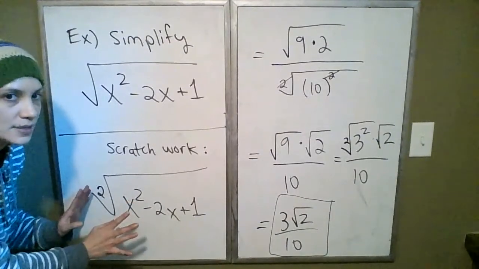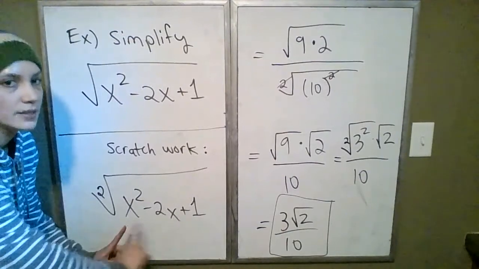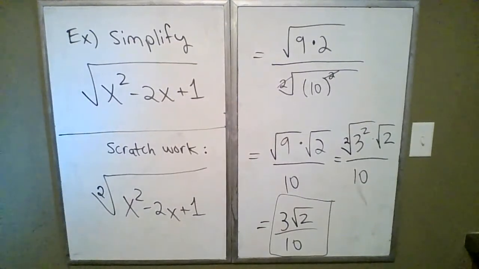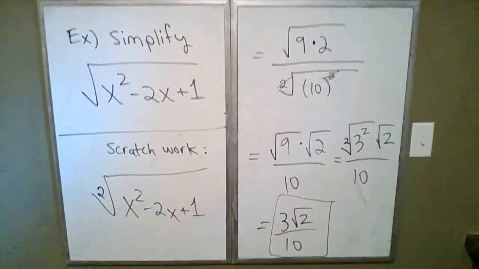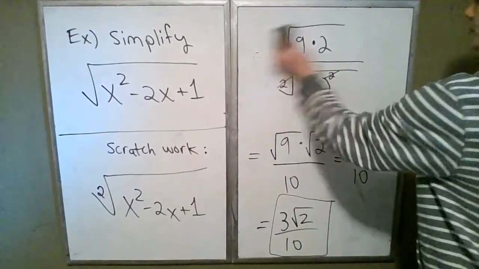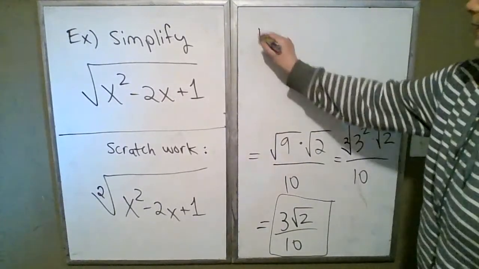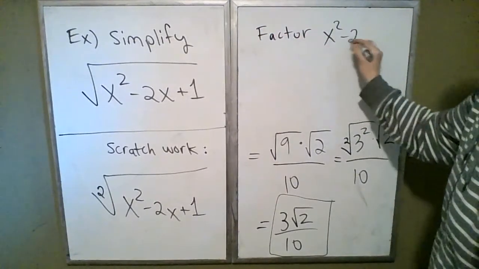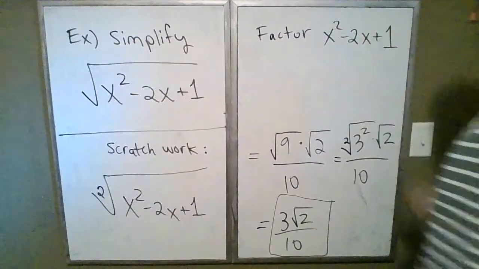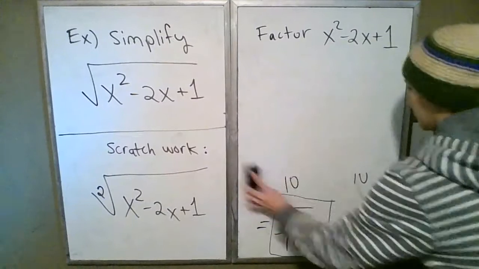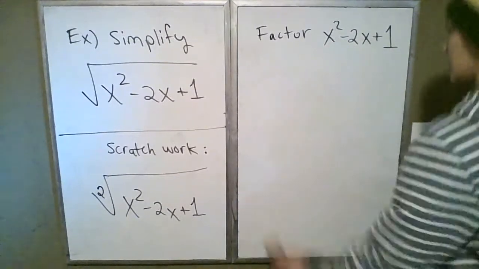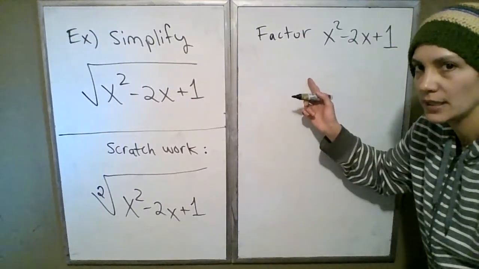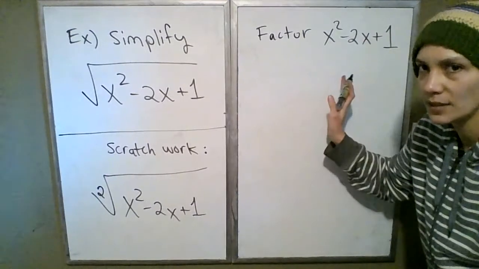We're going to have to do something else. Try factoring the radicand, all of the stuff under the radical sign.